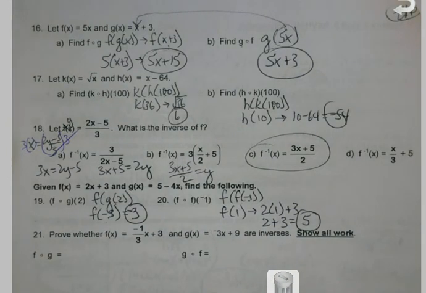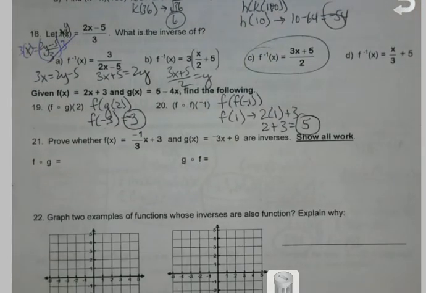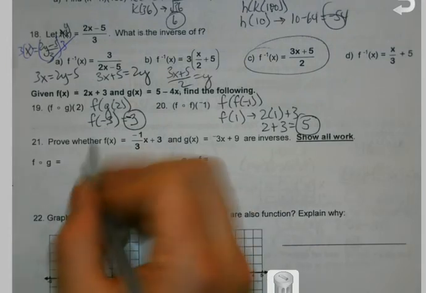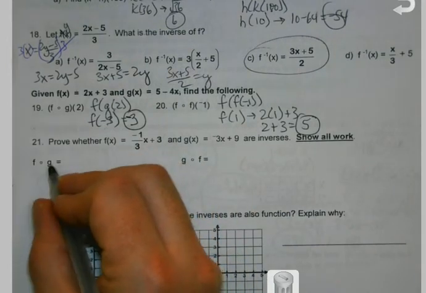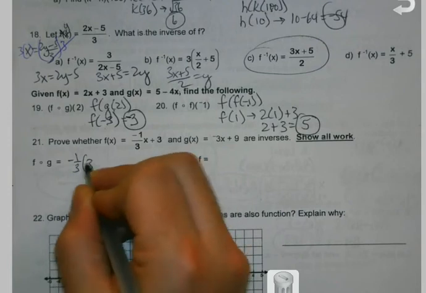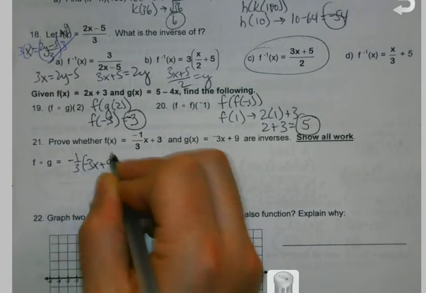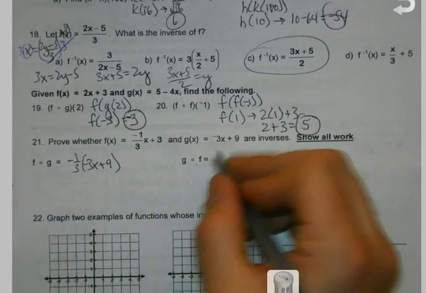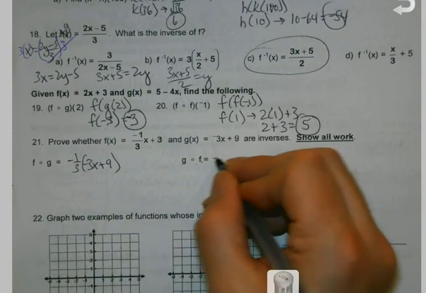Okay. Prove whether these are inverses. So you plug one into the other, and you should get an answer of x at the end. So here f of g, I'm going to plug g into f. And over here, I'm going to plug f into g.